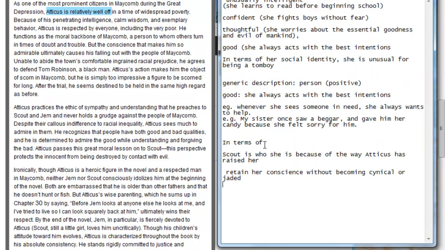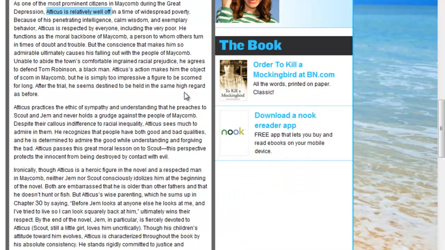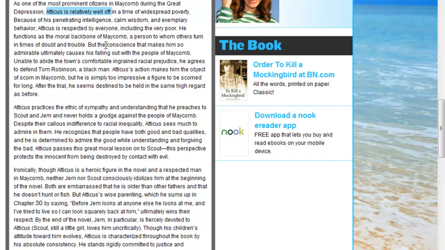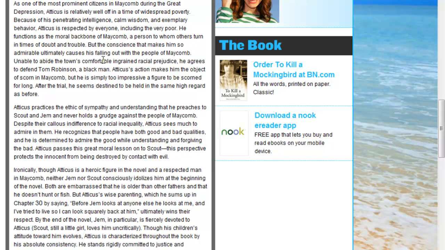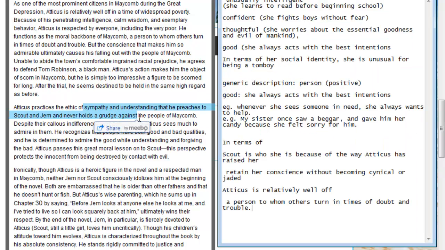Well off means wealthy, financially comfortable. I like that. And that could be useful.